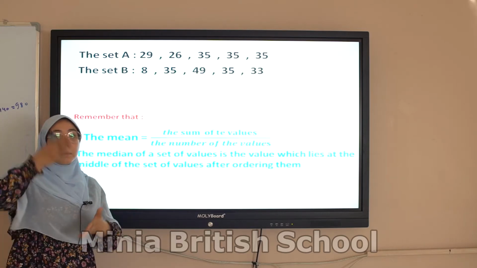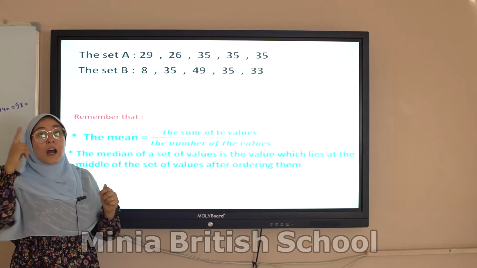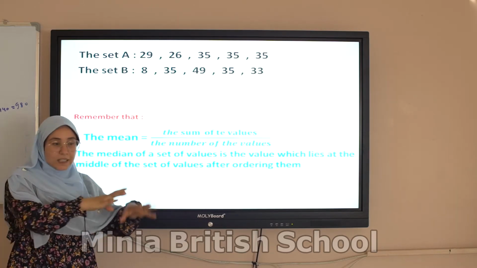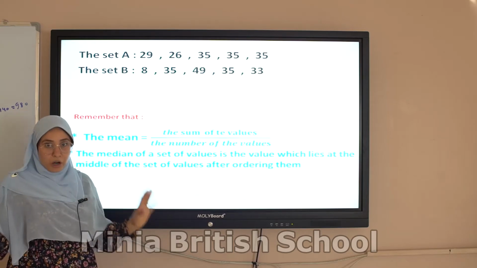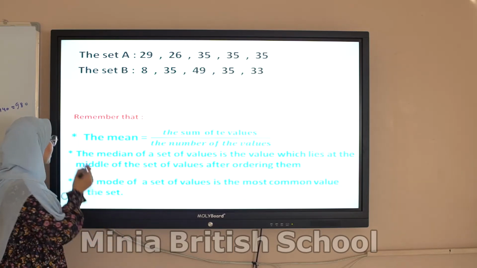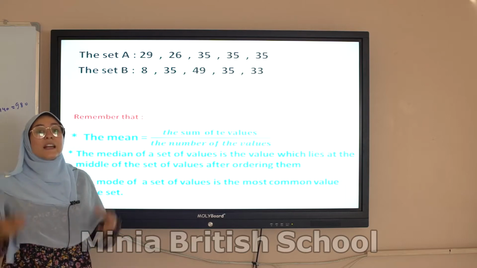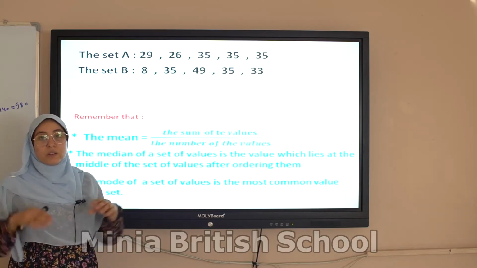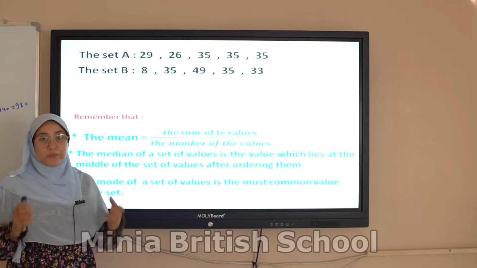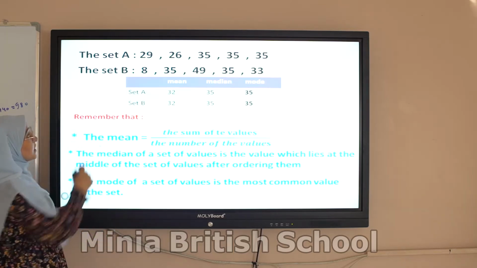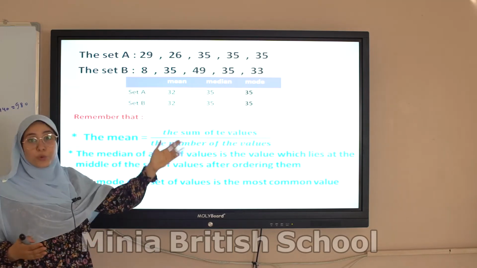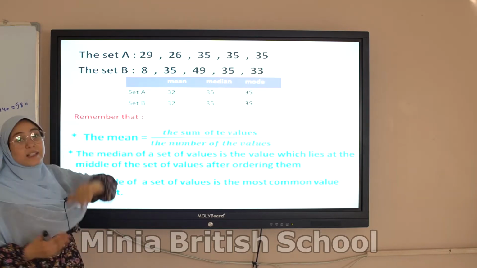The median is the middle value in the set after ordering them, ascendingly or descendingly, both of them are right, okay? And the mode is the most common value. So here this table shows the mean, median, and mode for the two sets A and P.